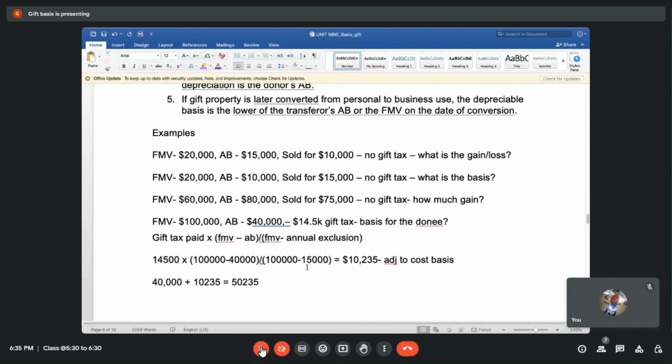So we also need to factor this amount in. When we are working on the software, all these calculations will be done. The software knows what is the annual exclusion amount. Maybe it will ask you what is the fair market value, what is the basis, and these calculations will be done automatically. And the basis becomes 50,000 for the donee.